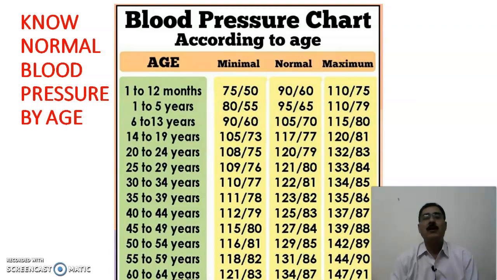Say, for example, for a young person of 20 to 24 years, it is normal at 120 over 79. But if it exceeds 130 over 83, it is said to be maximum, and above this you can call it a hypertensive condition.